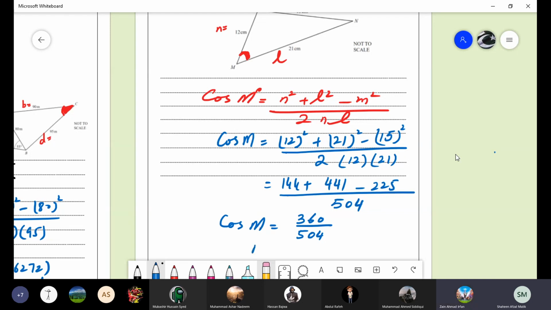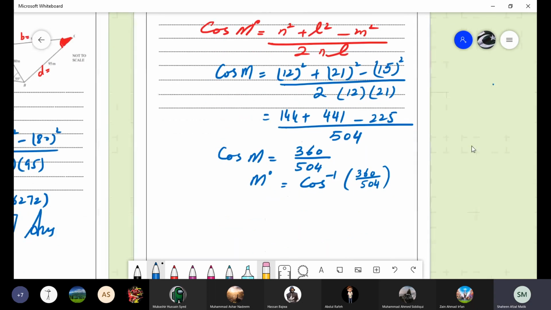How will you find the value of M? Ma'am, it's cos inverse. Yes, Zain, what do you want to say? The numerator is 810, not 360. Do it again: 144 plus 441 minus 225, it's 360. Then check your values.